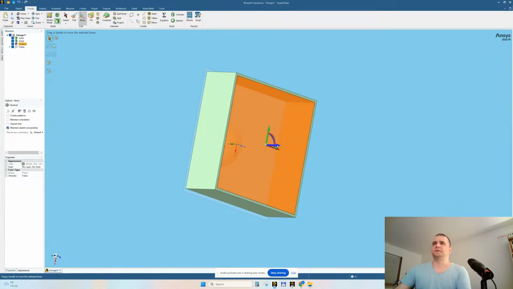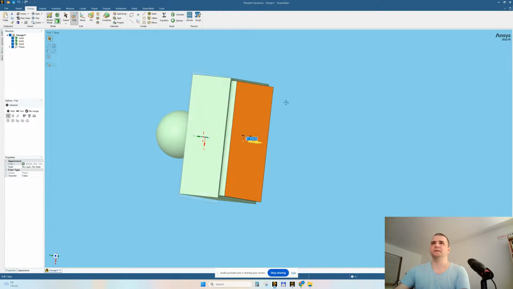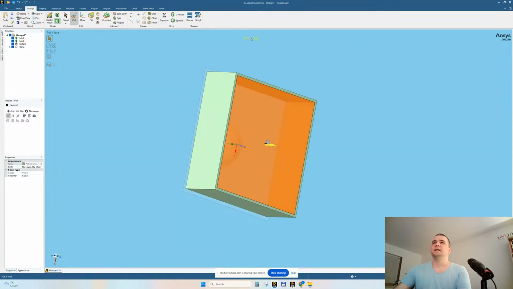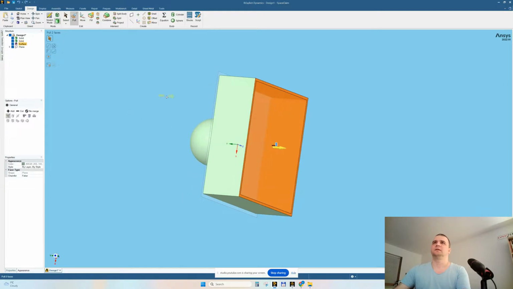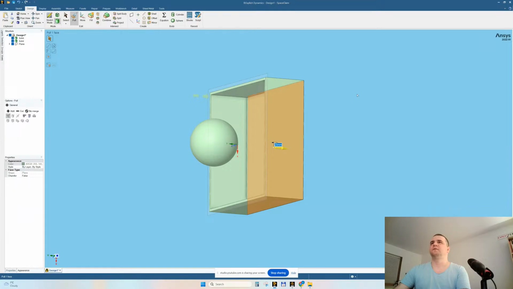If I drag it right now with pull, then it will attach, okay? But there will be this difference. So let's also pull with this face. You understand now, yes? 25 was the thickness of the tank. All right. So we have all these.